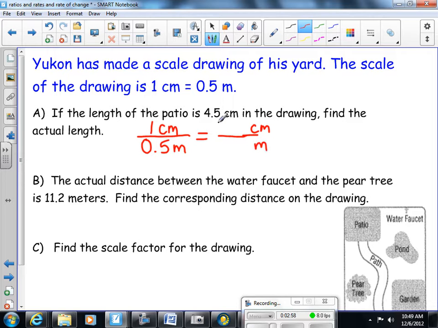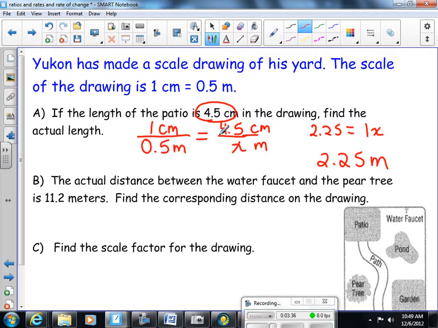So which one do I know? We know 4.5 centimeters, so it goes on top, and I get x meters. How do I solve? Do cross products. What happens when you take 4.5 times a half? 2 25/100 equals 1x, and therefore x is equal to 2 25/100 meters.